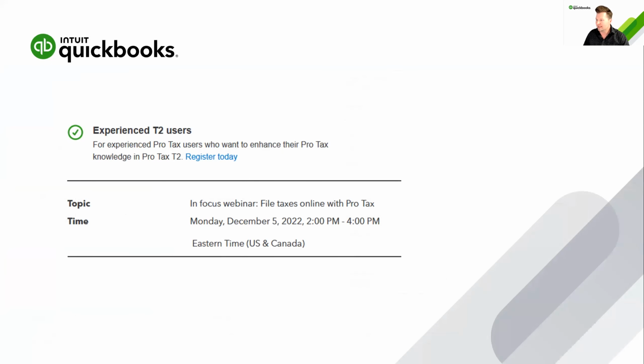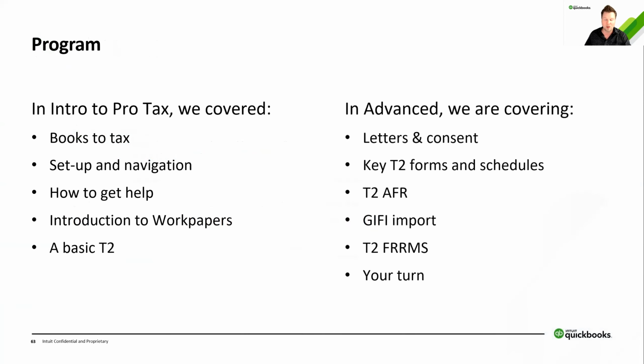So our next session, the advanced Pro Tax session for experienced T2 users, is Monday, December 5th at 2 p.m. Eastern Standard Time. You can register for it online as well. And what we will be covering in that session is the letters and consent. We will be looking at the key T2 forms and schedules.